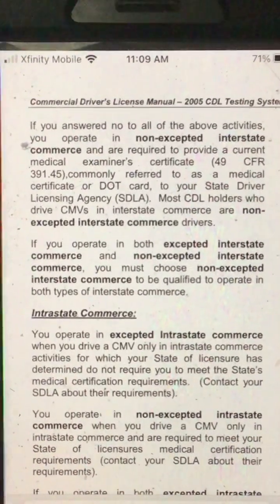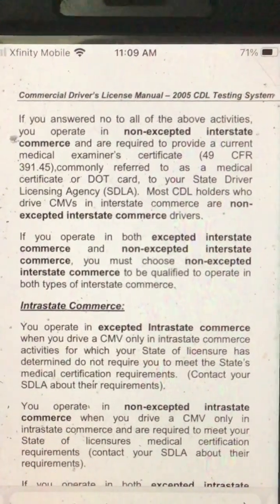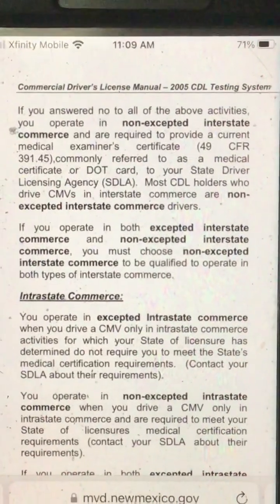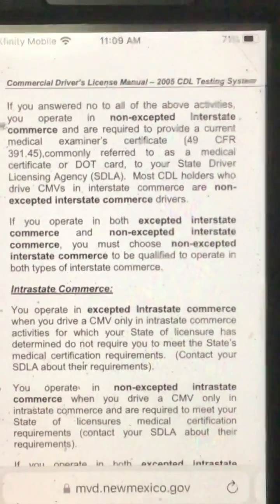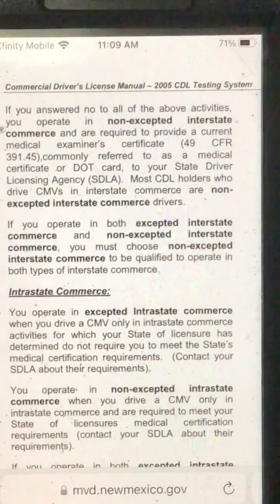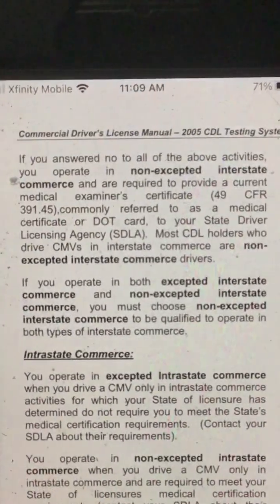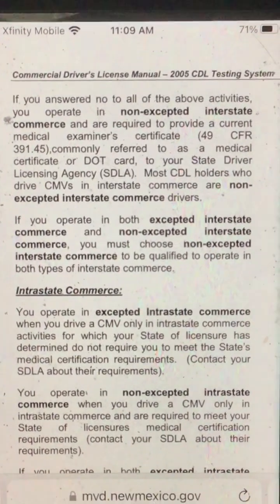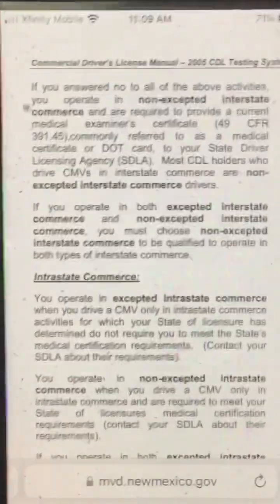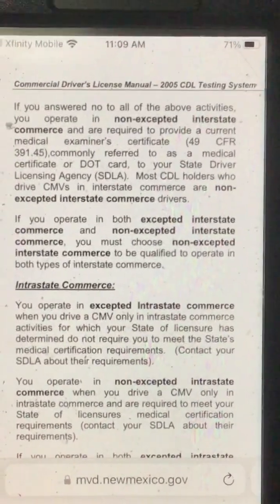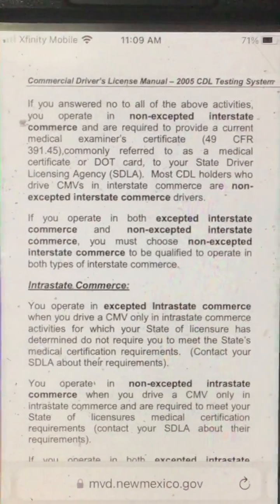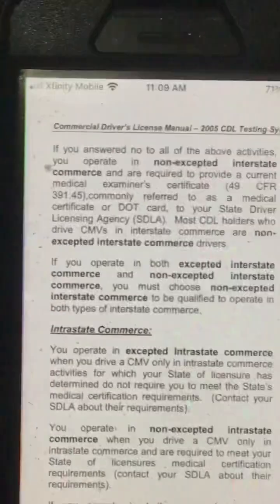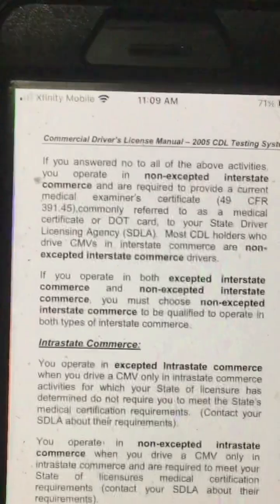If you operate in both accepted interstate commerce and non-accepted interstate commerce, that's highlighted, you must choose non-accepted interstate commerce. That's highlighted. To be qualified to operate in both types of interstate commerce.